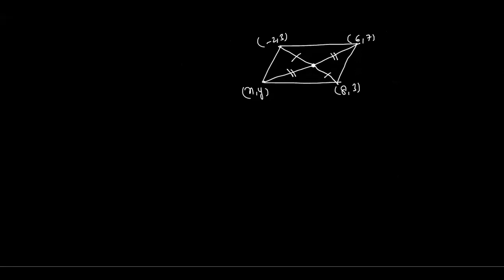Assuming that the diagonals are not equal, what you need to do is find the distance between this point and equate it with this one, and similarly this distance with this one. Then you will be able to calculate this one. Actually, in parallelograms the opposite sides are equal, so this distance and this distance are equal.